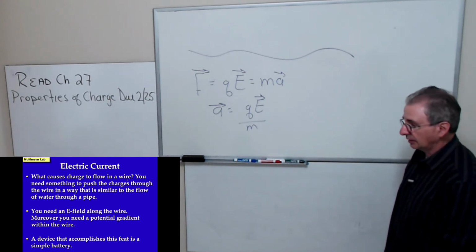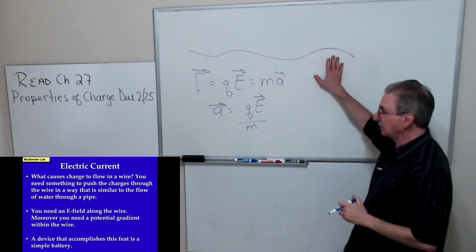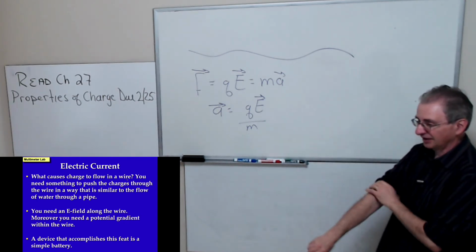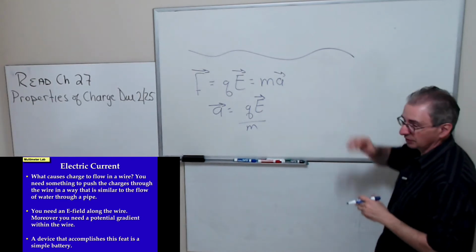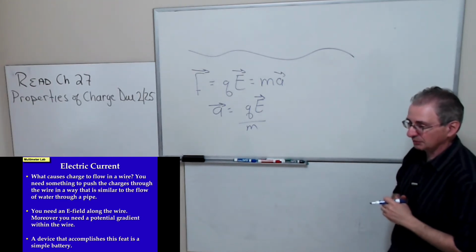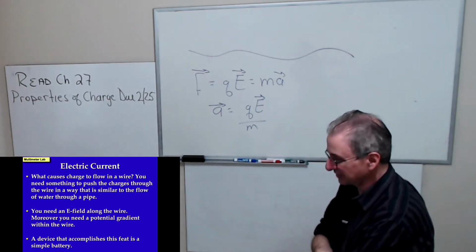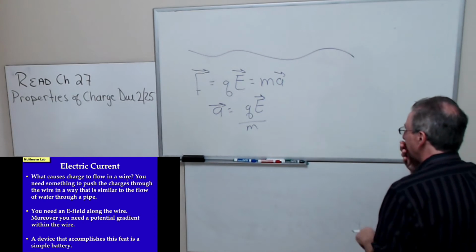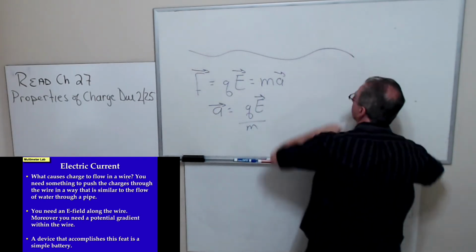If you set up a uniform electric field, your acceleration is uniform. It's the same value everywhere. Of course, I'm assuming the electrons aren't bumping into anything when I say that, but that's not true. So all I need is an electric field inside the wire.